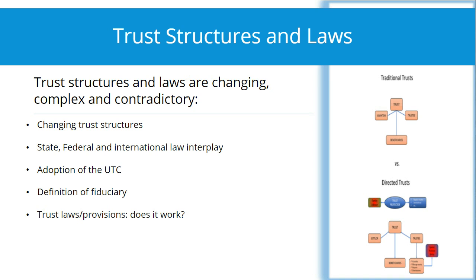This illuminates the interplay between state, federal, and international laws, which will continue to be tested. Another example is a past tax case between South Dakota and Missouri. The good news is the structure held up. However, what happens if there's a slightly different fact pattern or different state involvement? That is still an unknown.